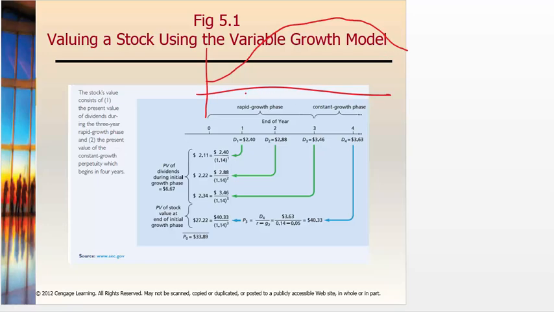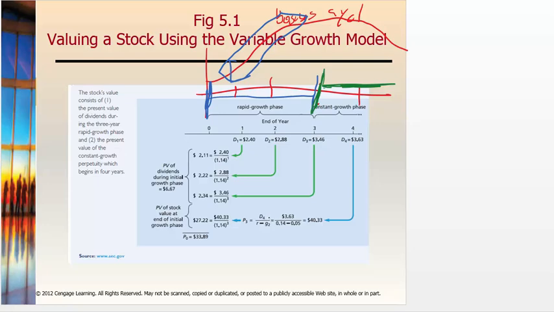If this company has a 4-year growth model, then this is my business cycle, where the area between here and here is fast growth. I'm going to discount this rapid growth phase differently than I'm going to discount from here moving forward. We're going to discount this at a different rate.